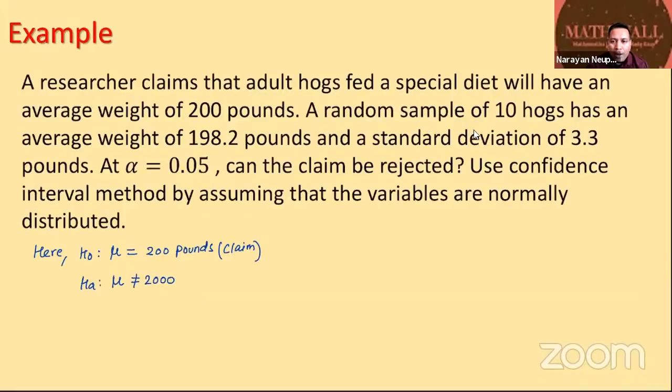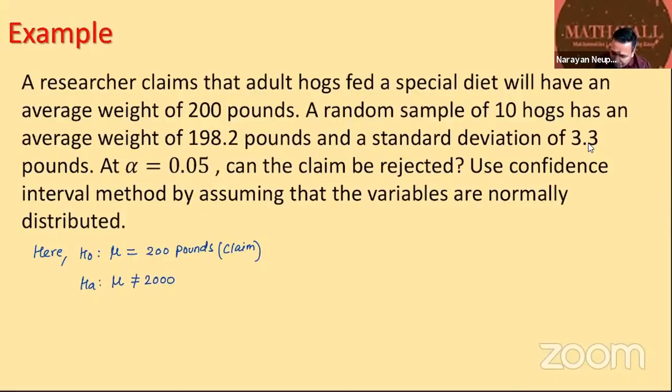And if you read the problem carefully, sample size is 10, average of the sample is 198.2, and the standard deviation of the sample is 3.3. That means the population standard deviation is not given. So when the population standard deviation is not given, this is a t-test.